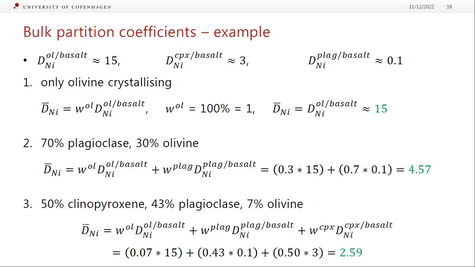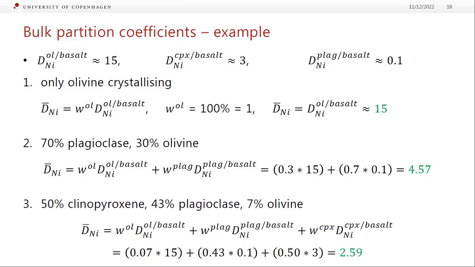So if we do our 3 stages of basalt crystallization that we did in the exercise and in the previous lecture when talking about major elements, the bulk partition coefficient, when you only have olivine crystallizing, well, the proportion of olivine is 100% or 1, and the partition coefficient is 15, so we get 15. That's really straightforward.